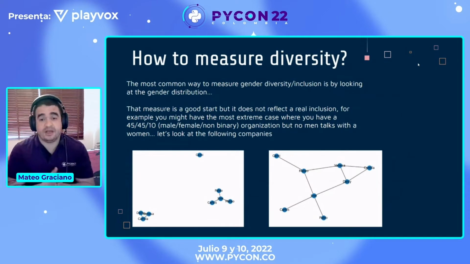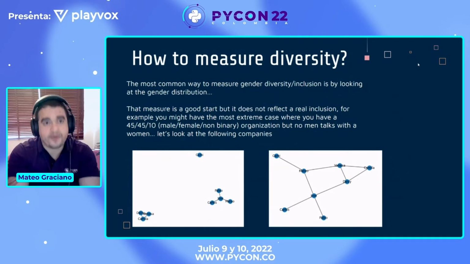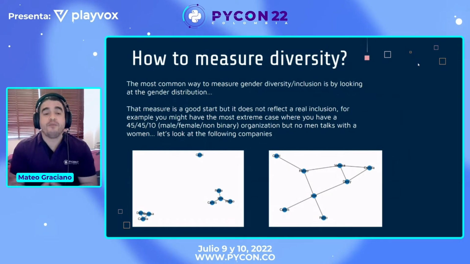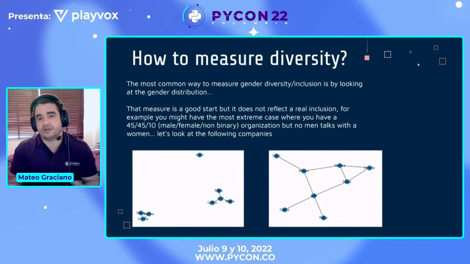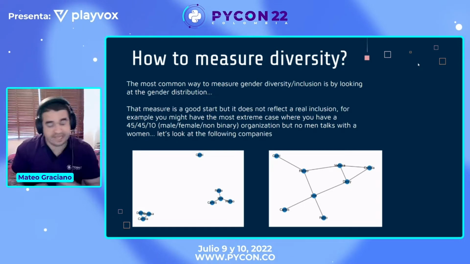And again, if any of you will learn something from today, please learn this. We can measure diversity with ONA, and that's great. The most common way to measure gender diversity or inclusion is by looking at the gender distribution. And yes, it's a good start.